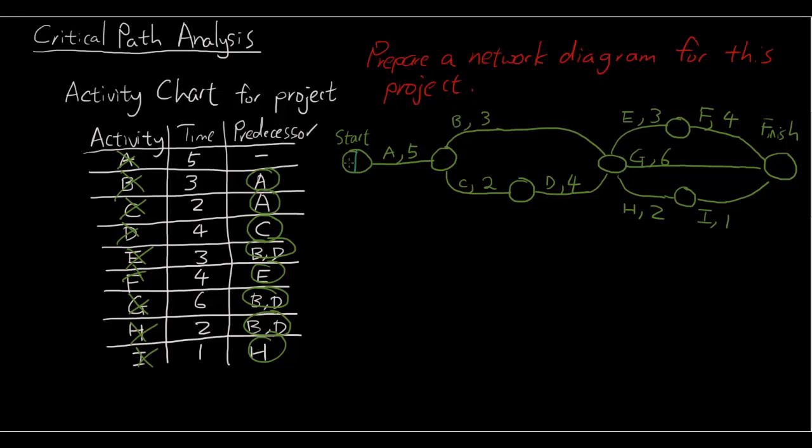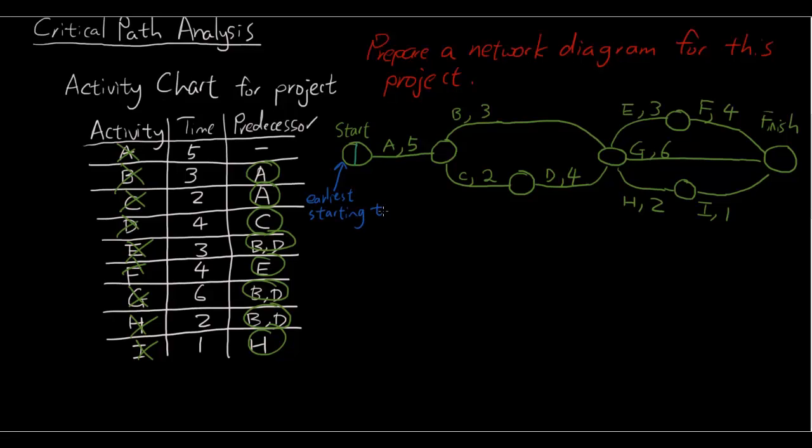Within each node, we're going to draw in the earliest starting time on the left hand side of each node, and on the right hand side we're going to draw in the latest starting time.